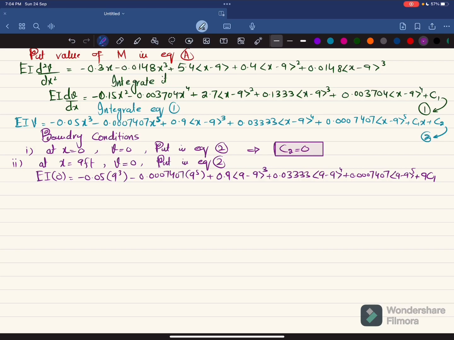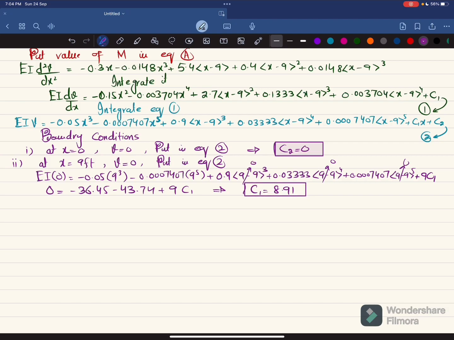So this will be minus 36.45, minus the second term 43.74, the next terms will be 0, plus 9 times c1. So from here you will get c1 equal to 8.91.